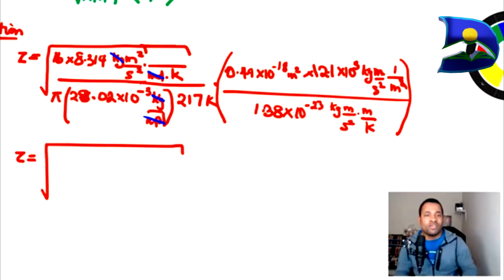When you put the numbers in and divide on your calculator, you're going to get 6.963895. Take note here that we have our units in meters squared, and we have our other part at the denominator to be seconds squared, and finally we have our kelvins to be kelvins squared.